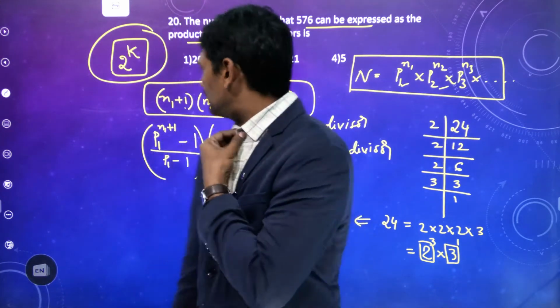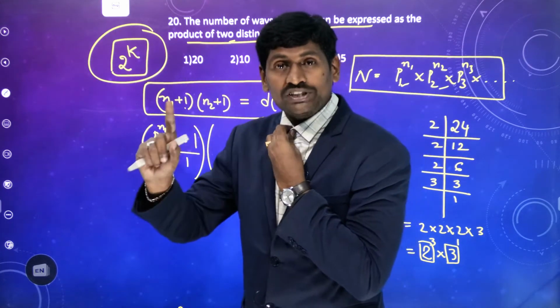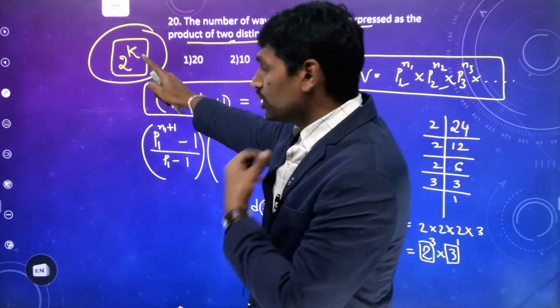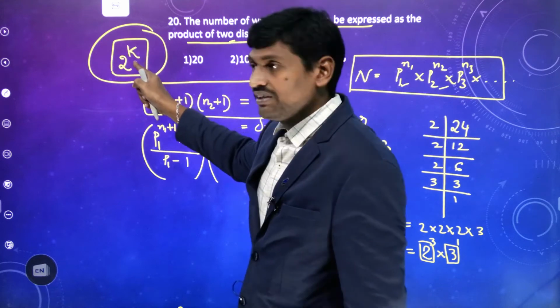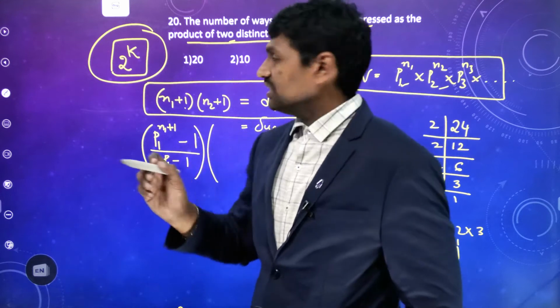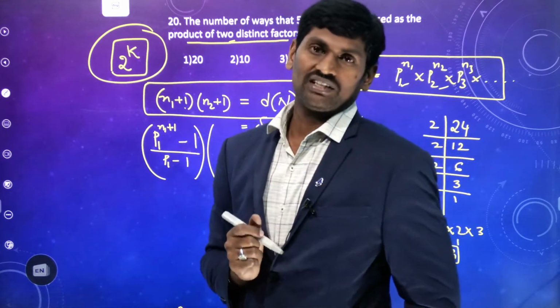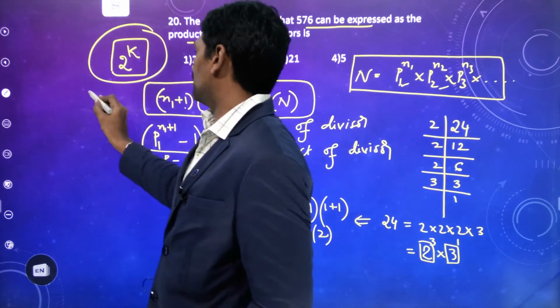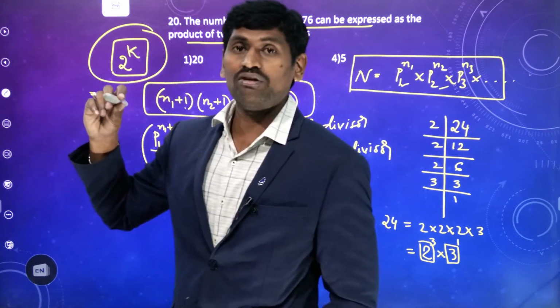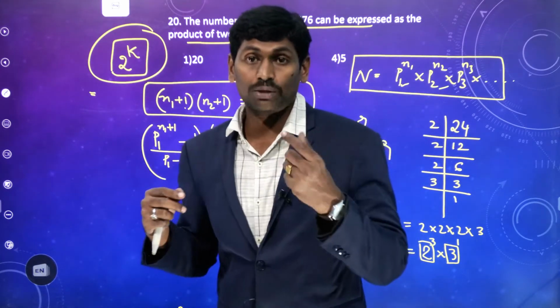If a composite number is expressed as 2 power k, where k might be 1, 2, 3, whatever, how many odd factors are there? Not odd primes, odd factors.